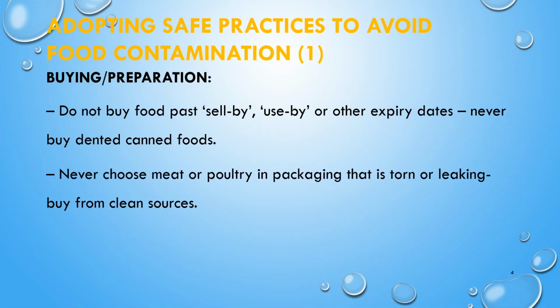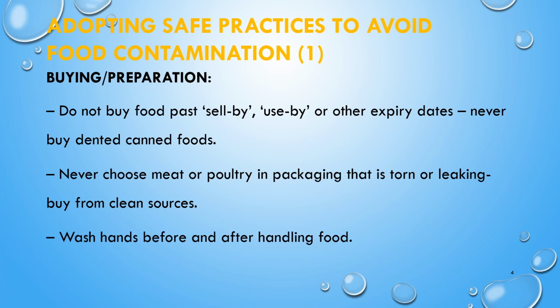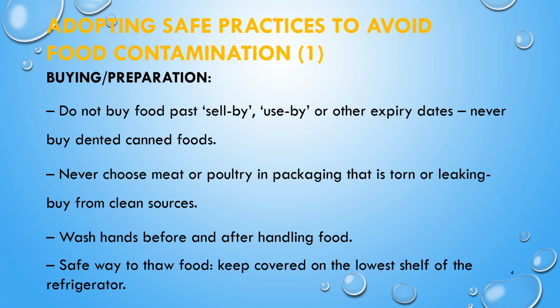Never choose meat or poultry in packaging that is torn or leaking. Buy from clean sources. Wash hands before and after handling of food. A safe way to thaw food is to keep it covered on the lowest shelf of the refrigerator.